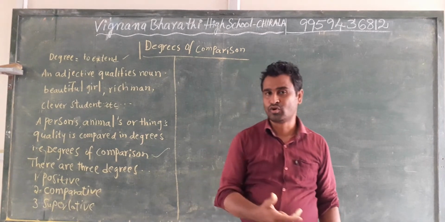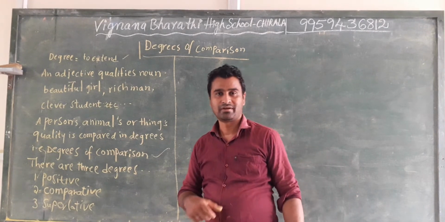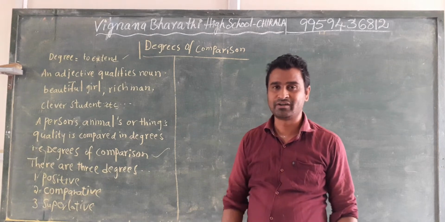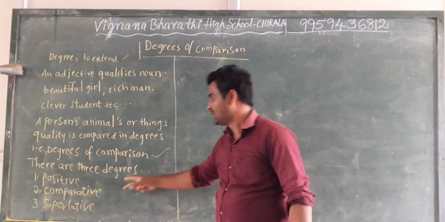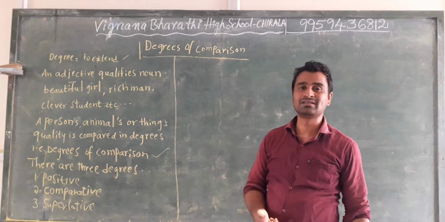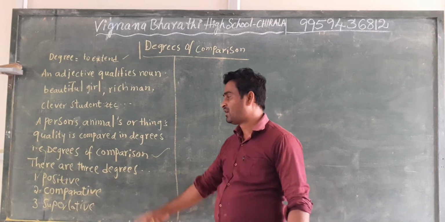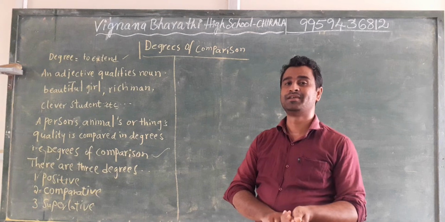Children, take notes while I am teaching. Write down the notes, and when we have a doubts section, we can clarify our doubts. The third thing, after knowing what degrees of comparison and an adjective are: how many degrees are there?